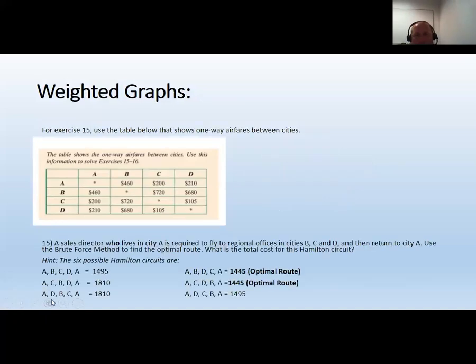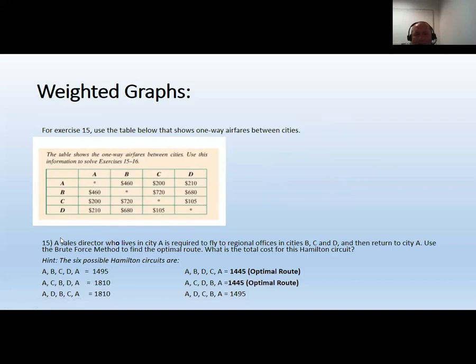Okay. Now we'll go ahead and go over this one together. This is an example of weighted graphs, where you're trying to find the optimal circuit for a weighted graph.